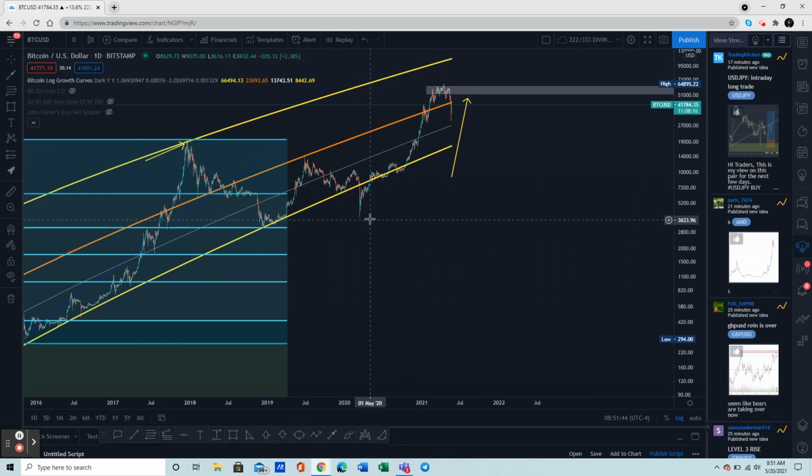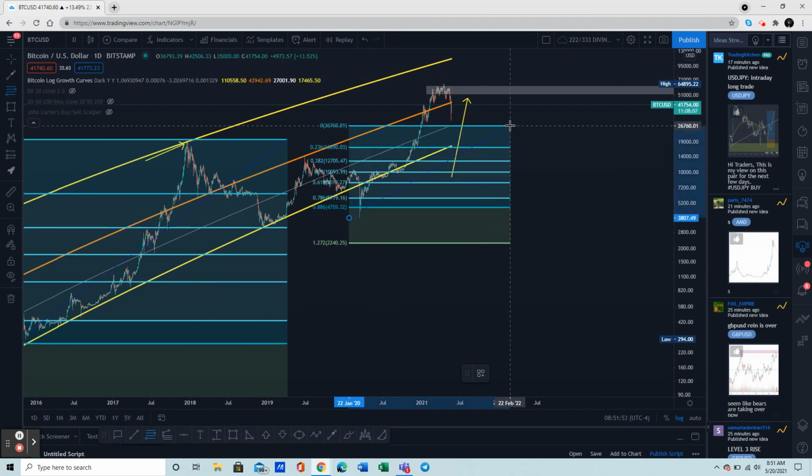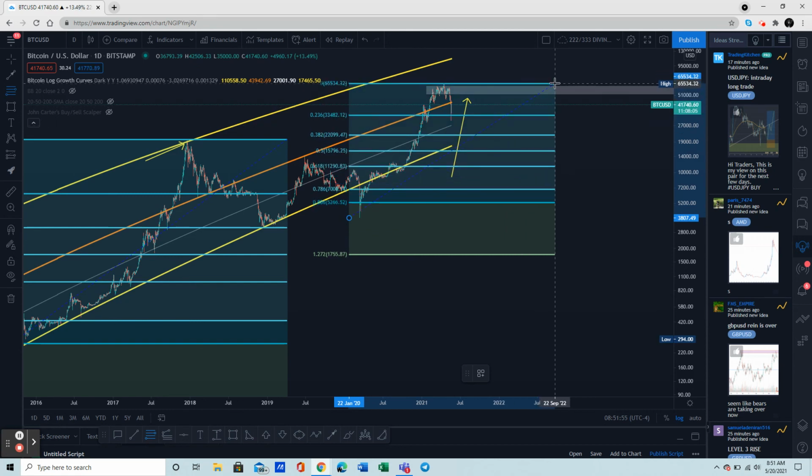If I pull it from here, we can probably get a better accuracy. Watch. And it's put us perfectly at the 38%. If this doesn't go any higher, the 38% on this one is going to be 22,000. And that is going to seem like a catastrophic drop, but it's not. It's just a simple 38% correction.